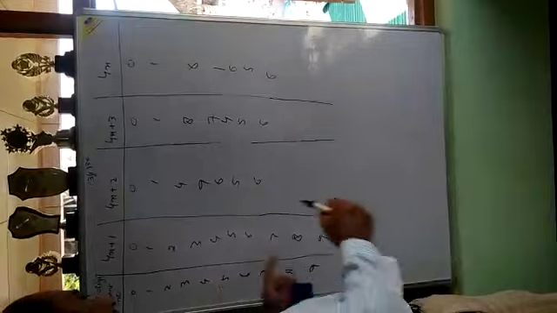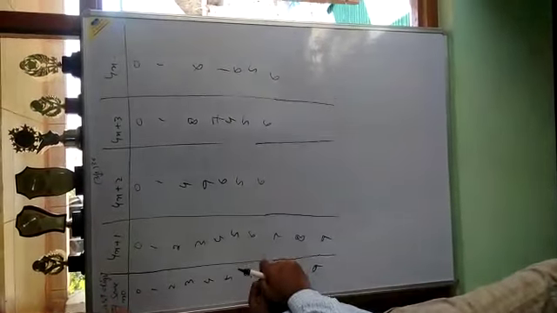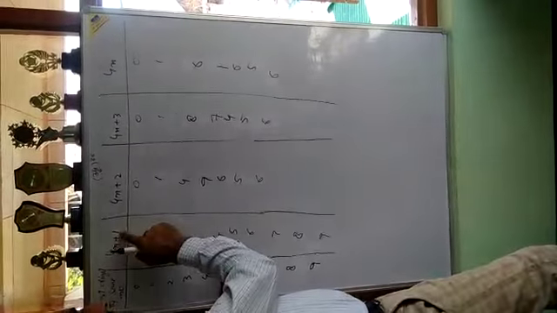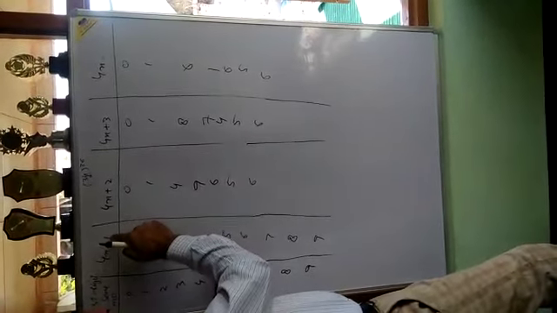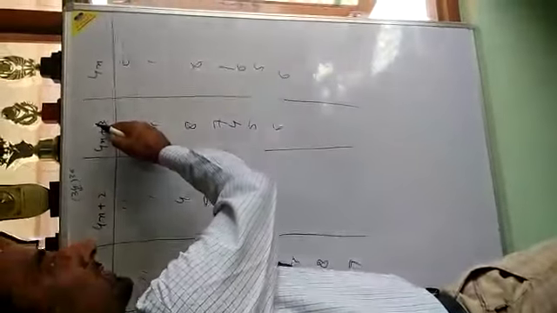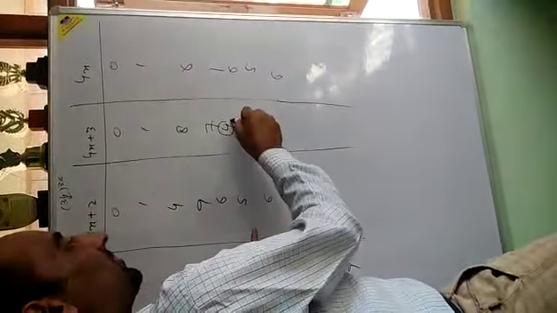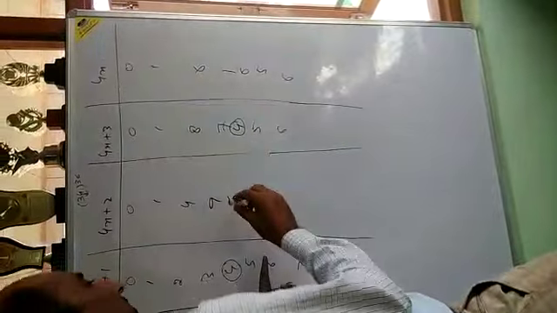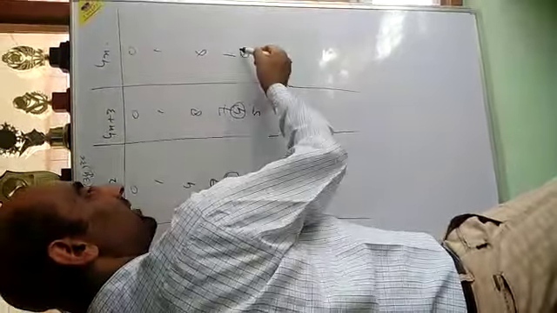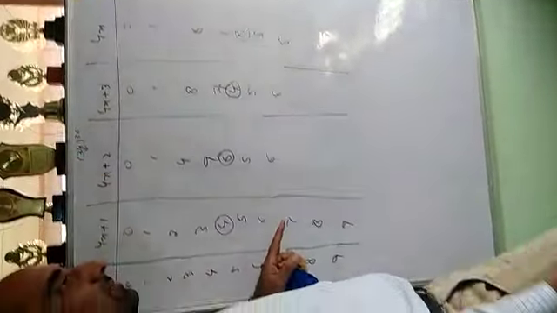Now for this 4 you can also remember that when the power is of odd form, the last digit is 4. Here it is again odd, so the last digit is again 4. But when it is an even power, the last digit is 6. Here again it is an even power, so the last digit is 6.